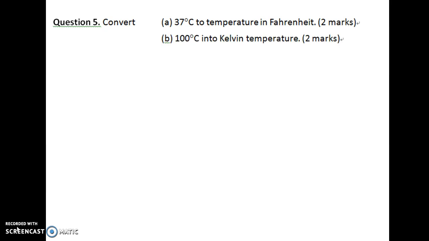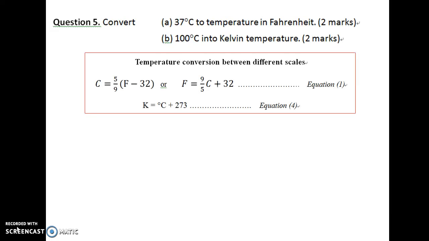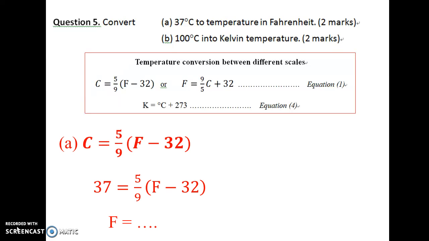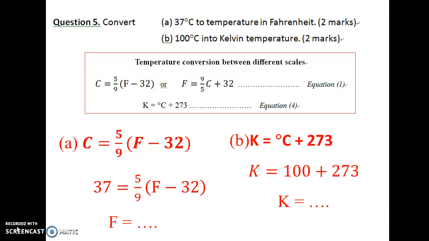Convert the temperature in degrees Celsius to Fahrenheit in part A, and convert the temperature in degrees Celsius to Kelvin in part B. For part A, you may apply equation 1 and find the temperature in Fahrenheit. Be careful when you are using the calculator to solve the equation. For part B, the temperature in degrees Celsius is 100, and so you may find the absolute temperature easily.